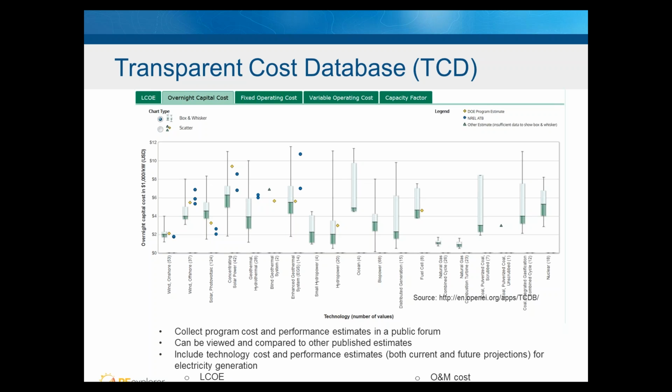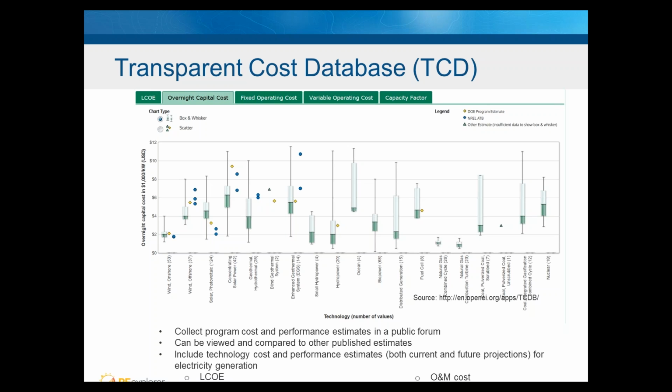What's the application of the transparent cost database? It's a database that can be viewed and compared with other published estimates. It includes technologies from both the future and current projects, and you can compare what kind of use it has for the future.